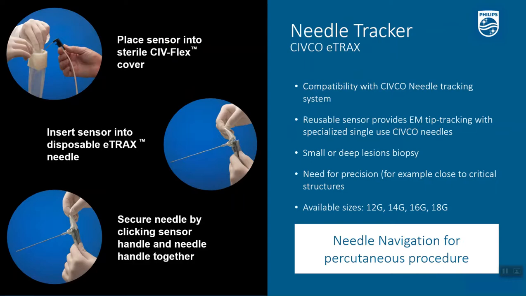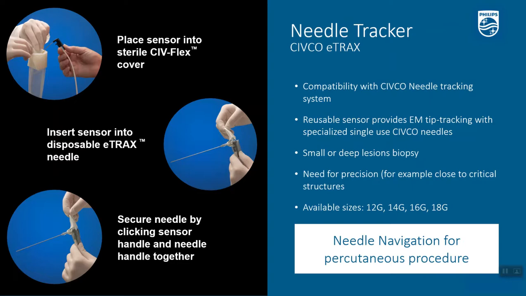On Epiq Elite, we also have Civco E-Track needle tip tracking. E-Track comes with a reusable sensor that provides electromagnetic tracking with specialized single-use silicone needles. The sensor is inserted into the disposable E-Track needles.